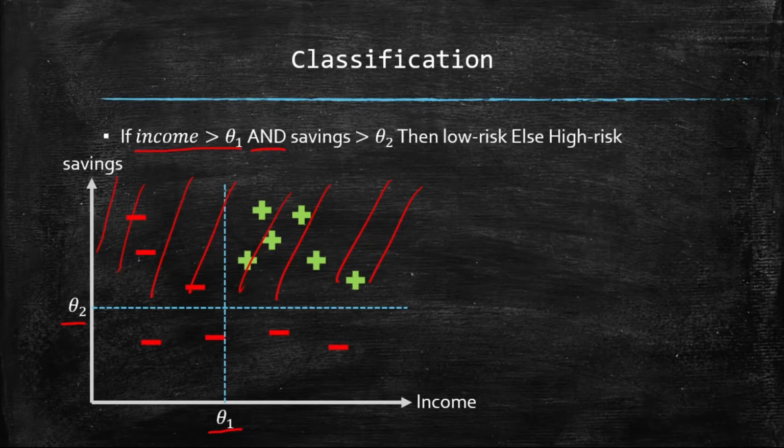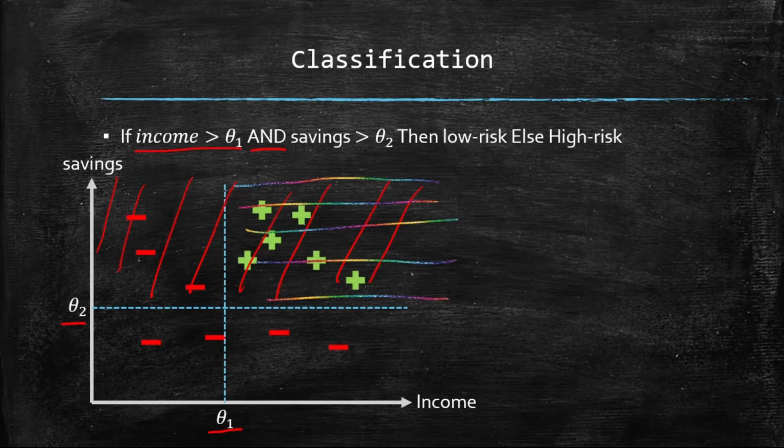And if we want to show the region of income more than theta 1, it would be this region, right? And then we are looking for a region where both of these rules apply, and that is the only region that all of them apply, this region, right?